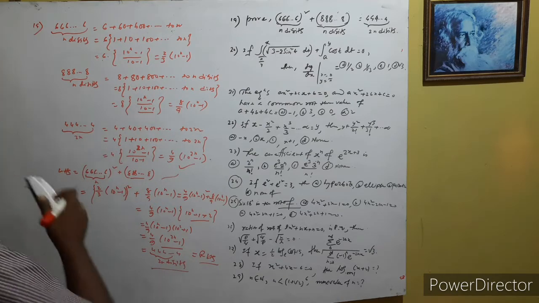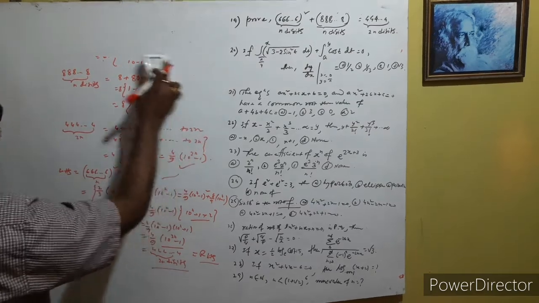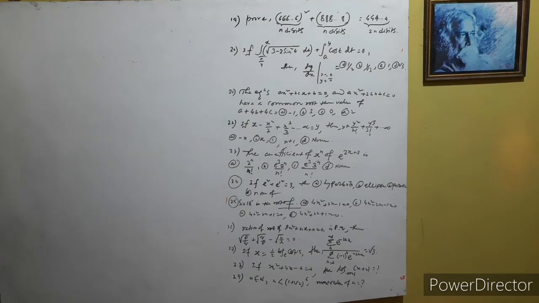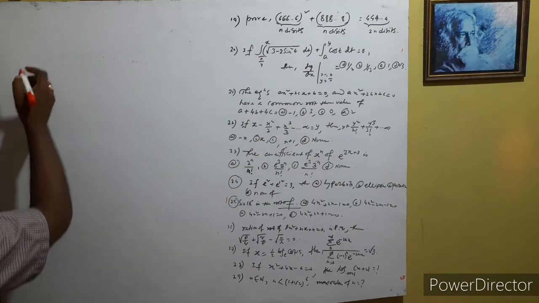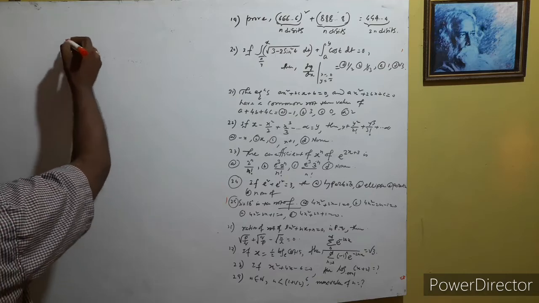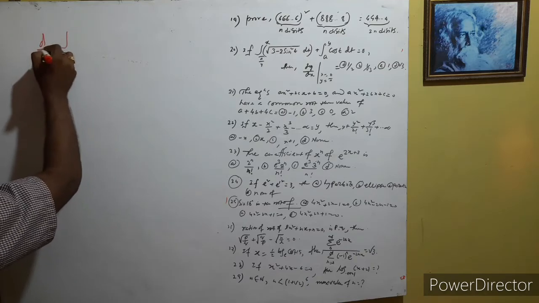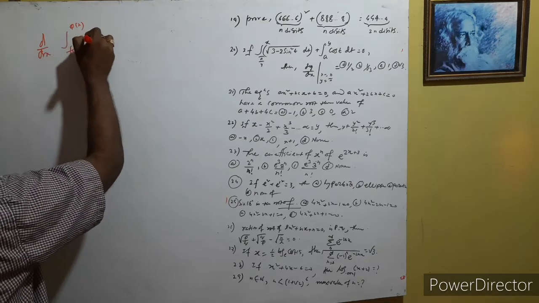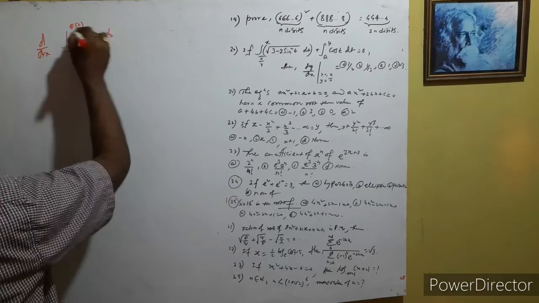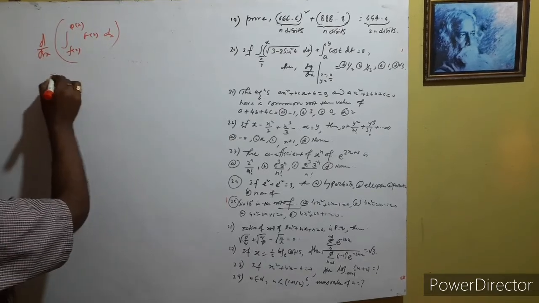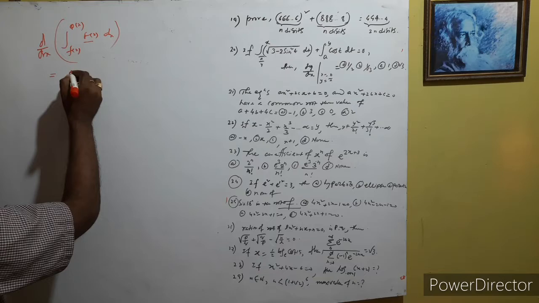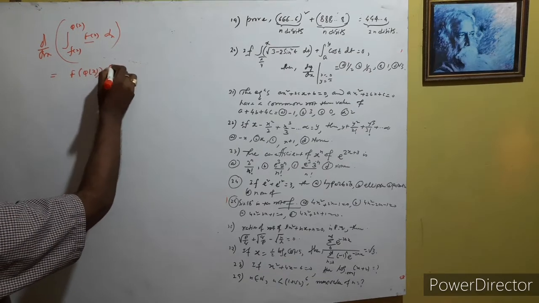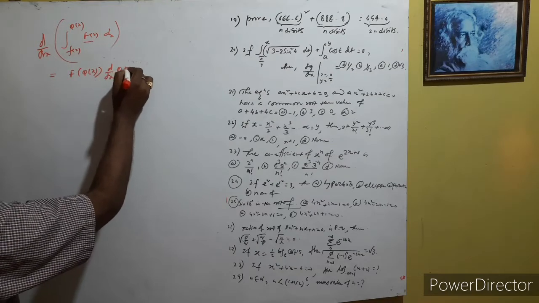Now proceed to question number 20. In case of integrals, if we differentiate d/dx of the integral of f(t) dt from a constant to phi of x, the rule here is: it is f of phi of x, and d/dx of phi of x.